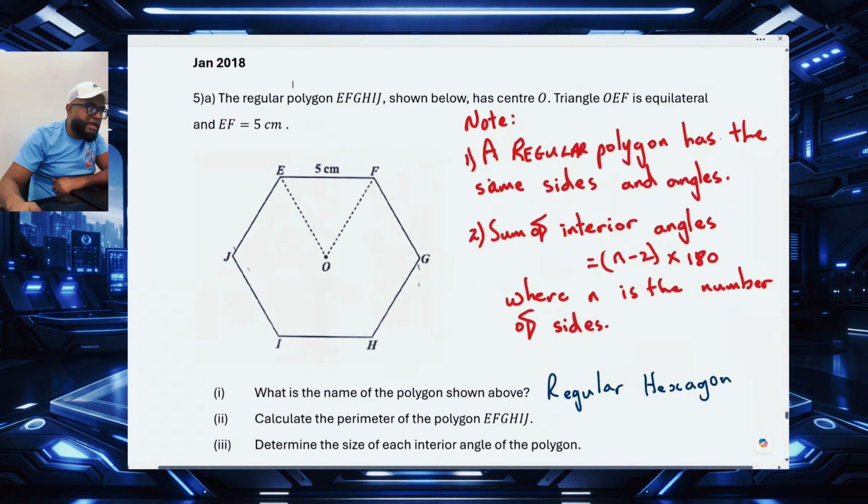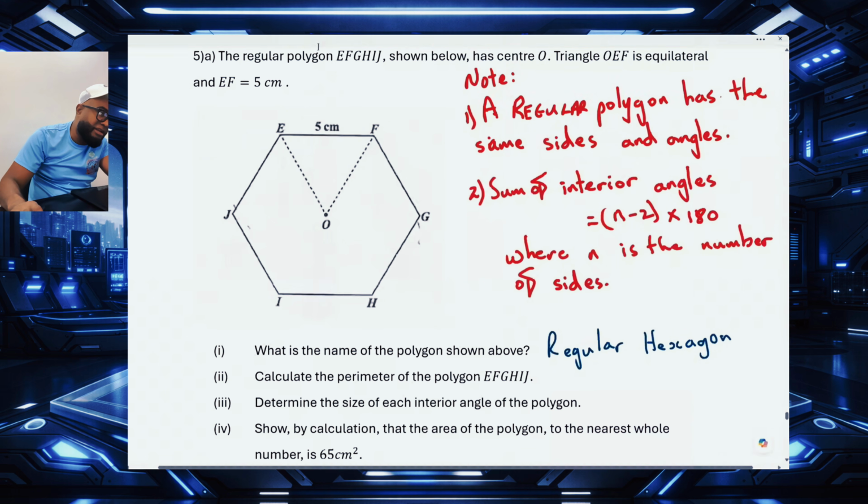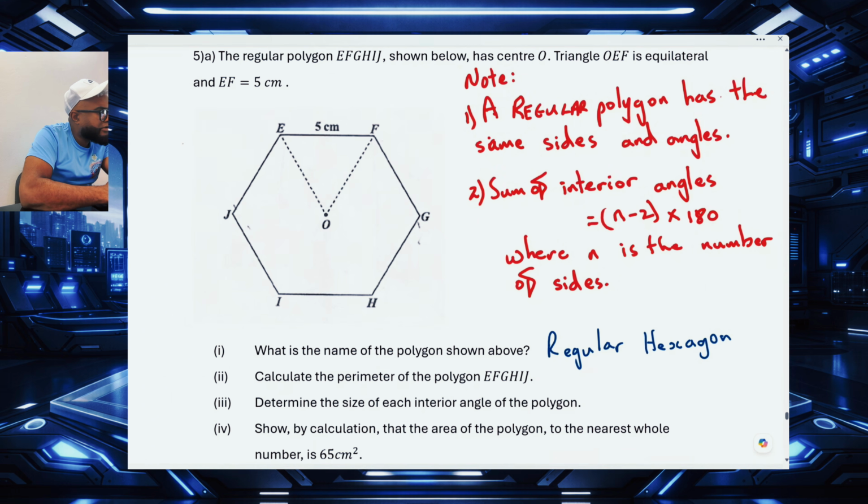So this is January 2018. The regular polygon EFGHIJ shown below has center O, triangle OEF is equilateral and EF is equal to 5. What does equilateral mean? All sides are equal. So if all sides are equal, what is that saying about all the angles?